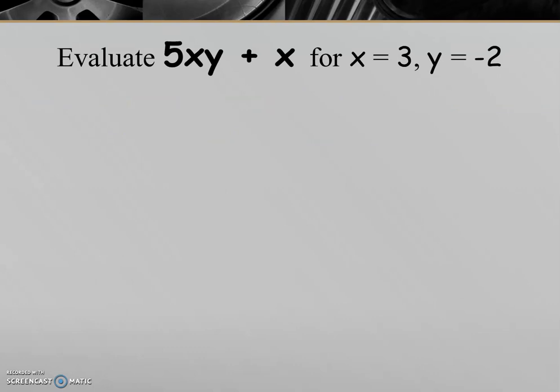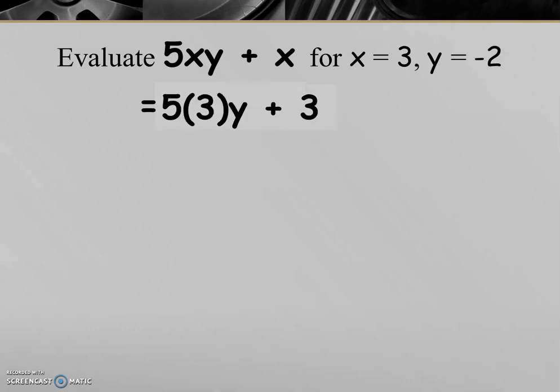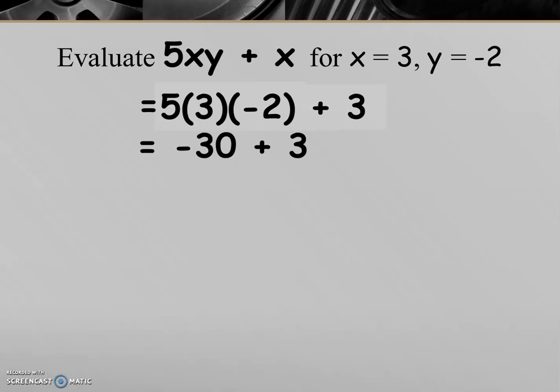There are other expressions that aren't necessarily perimeter or area, but may have some sort of application later. And so with this one, 5xy plus x, I'm telling you to replace in x equals 3 and y equals negative 2. And the key word here is we want to evaluate, find the value. So the 3's go in for the x, and the negative 2 goes in for the y. And you calculate this out using regular arithmetic, order of operations.